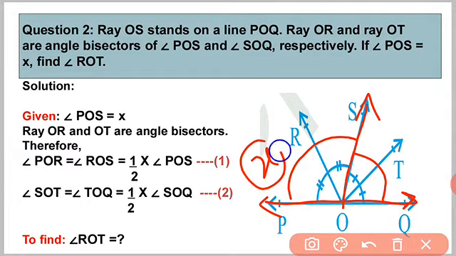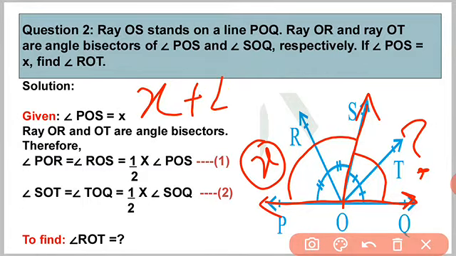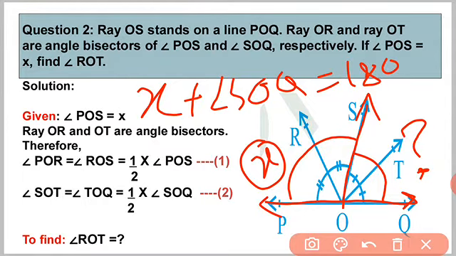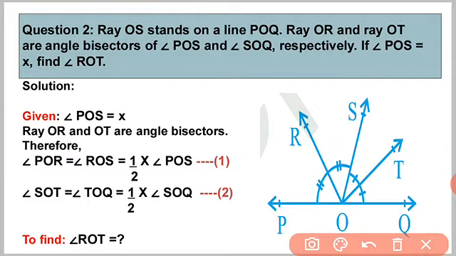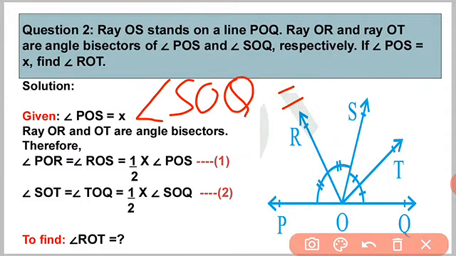So x plus angle SOQ is equal to 180 degrees. So angle SOQ will be equal to 180 degrees minus x.